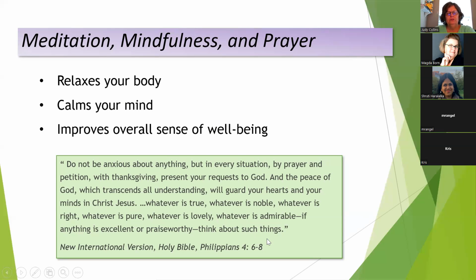I did include a scripture here, and this is something that helps me a lot. It says, do not be anxious about anything, but in every situation, by prayer and petition, with thanksgiving, present your requests to God, and the peace of God, which transcends all understanding, will guard your hearts and your minds in Christ Jesus.